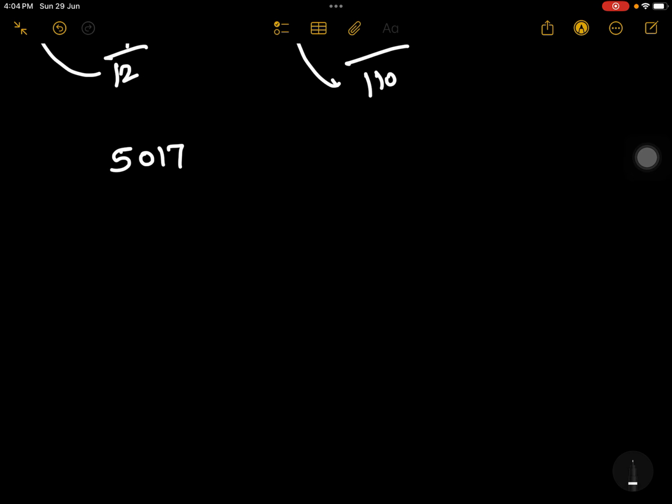Let's take some more examples for better understanding: 50176. The last digit is 6. Remove the last two digits. What remains is 501, and the square that can be subtracted from it is 22 squared.